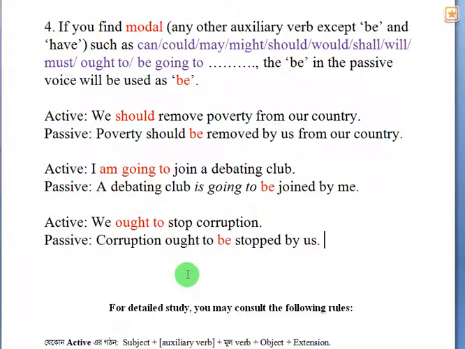These are the rules of changing the be verb according to its necessity, and the proper form of be will depend on the auxiliary verb placed before it. And if there is no auxiliary verb, the be verb will match with the subject. This is in short the rules of changing voice from active to passive.